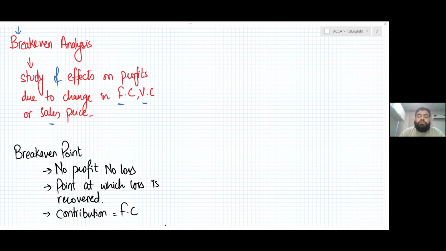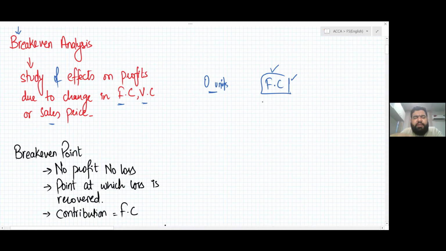Once the fixed cost is covered, the business will be able to earn profit. Even at zero units, the business has some cost, that is the fixed cost, so it must cover this fixed cost first to reach the profit level.